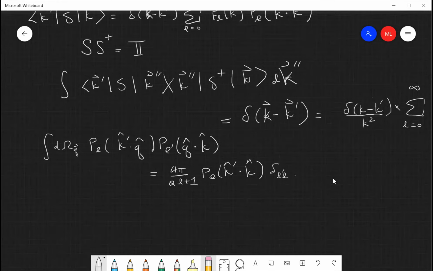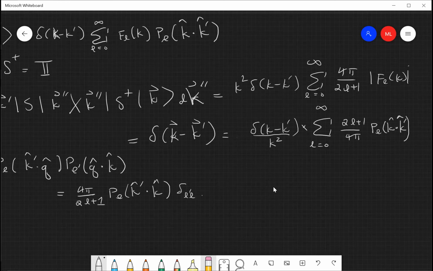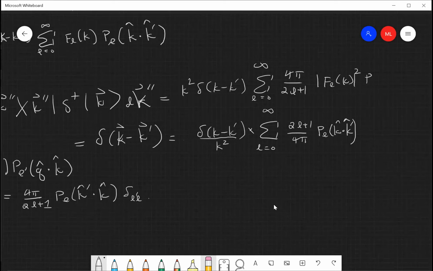What happens is this stuff will end up being equal to k squared delta of k minus k prime, and then a sum over L. You'll get 4 pi over 2L plus 1, you'll get f_L k squared, and you'll get the leftover Legendre polynomial, k hat dotted into k hat prime.